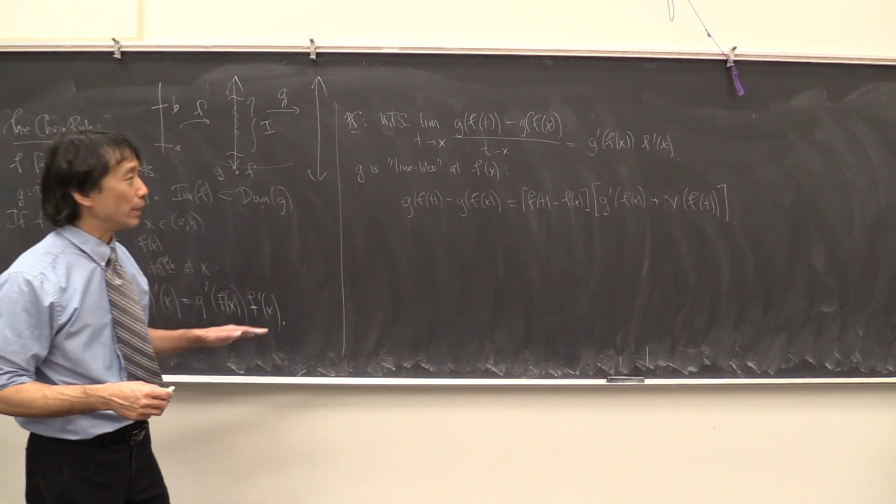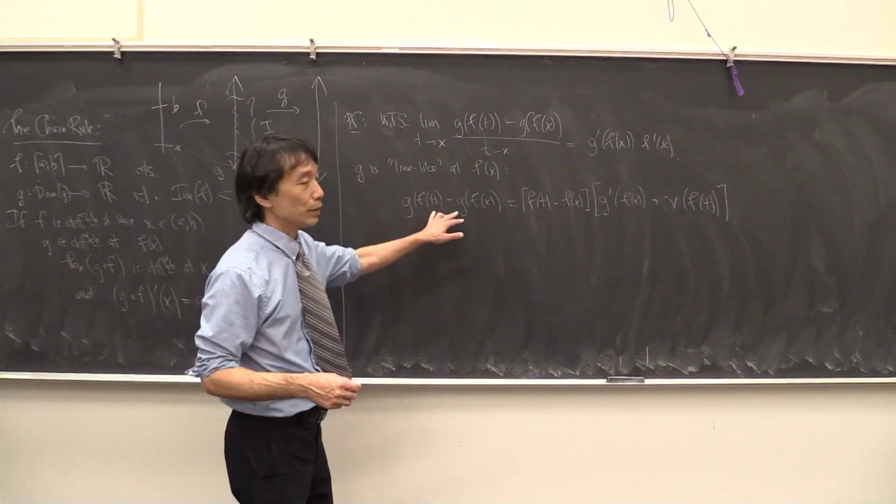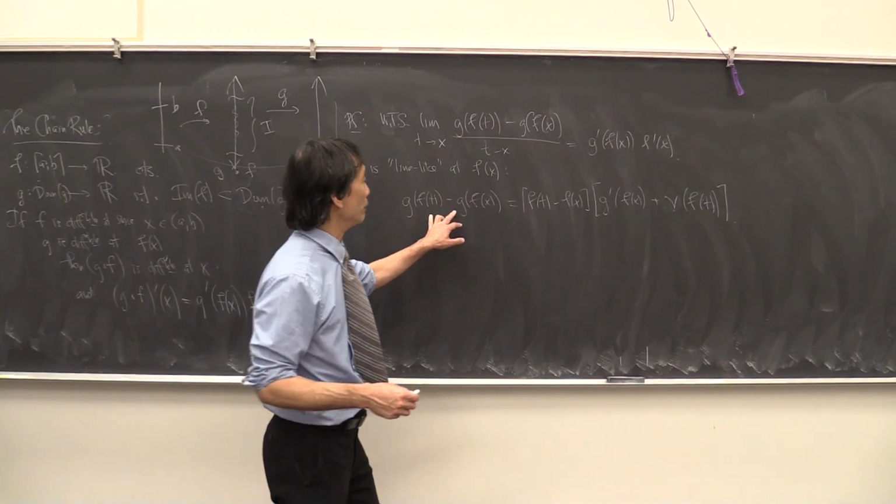Is that okay? We're basically just using the line-likeness of g.